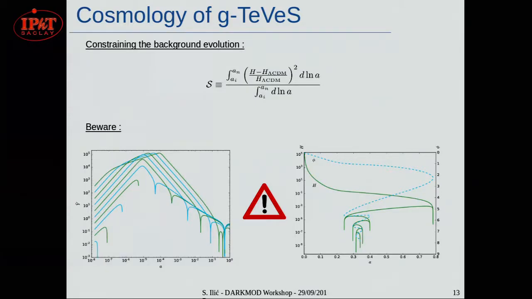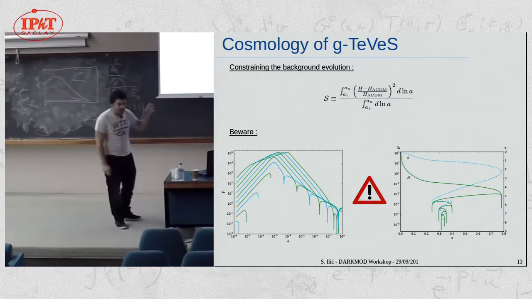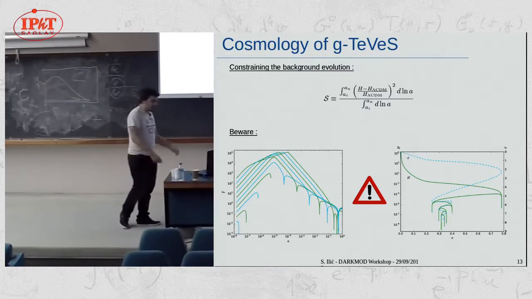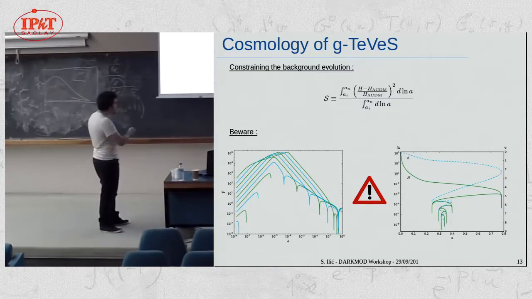A few words of caution. When exploring the parameter space of g-TeVeS, you realize that it's quite tricky because there are many sets of parameters that lead to failed universes, we could say, that never reach a scale factor of 1. For example, here is the evolution of phi dot. You see that some models stop at some point.